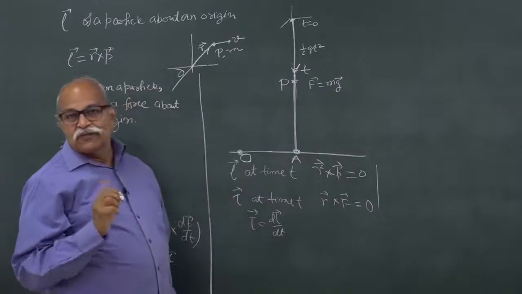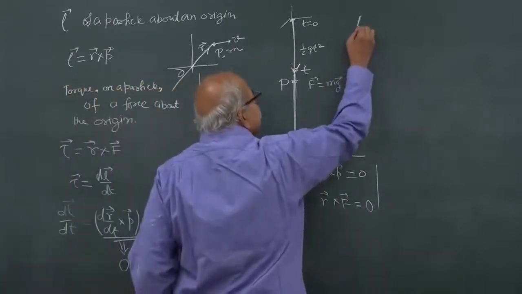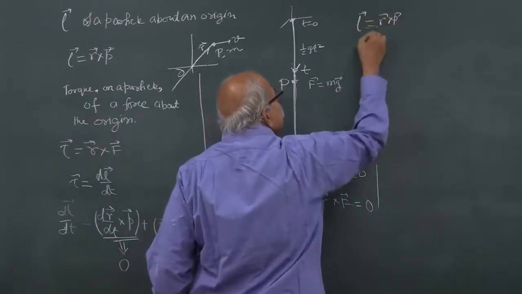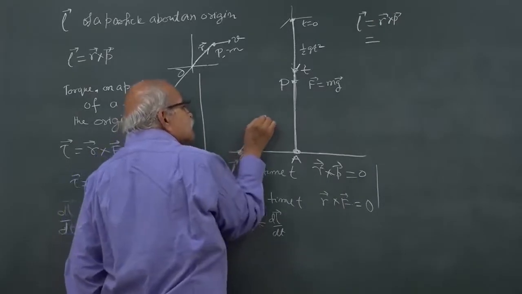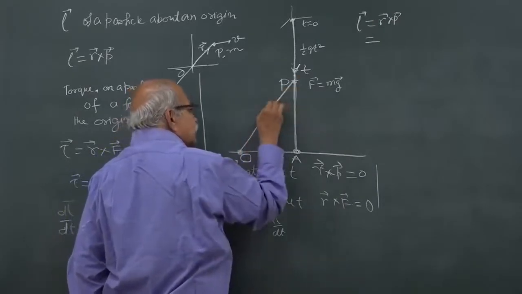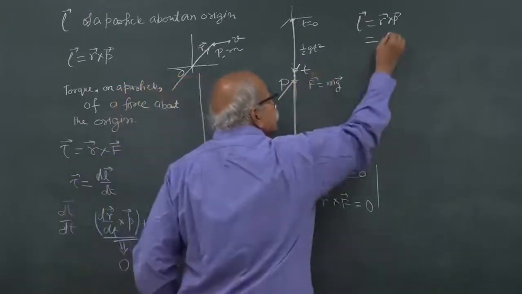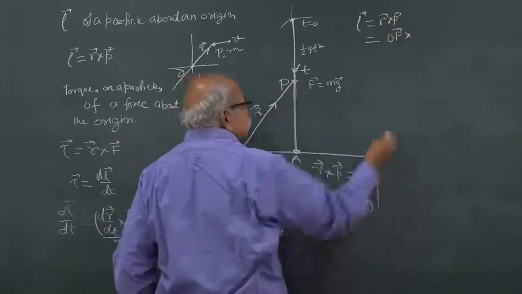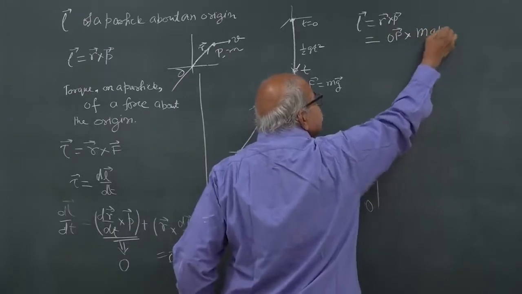Now, what is the angular momentum? Is it 0? The angular momentum L is r cross p, and the r vector is from the origin to the particle. So, this is the r vector. So, OP cross product with the p vector, mass times velocity. What is velocity? gt.